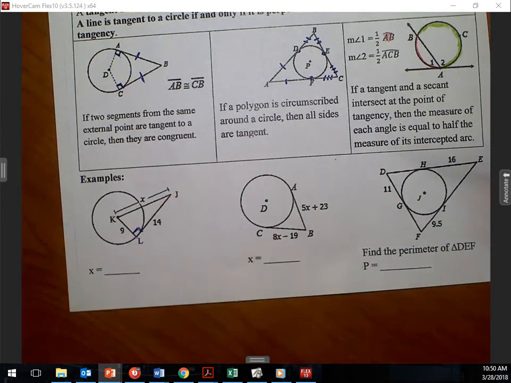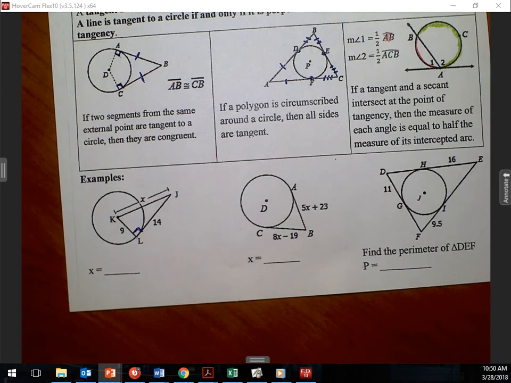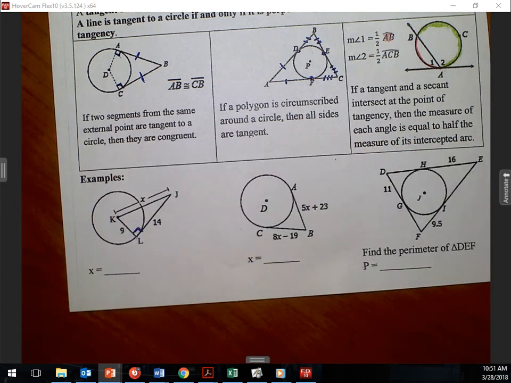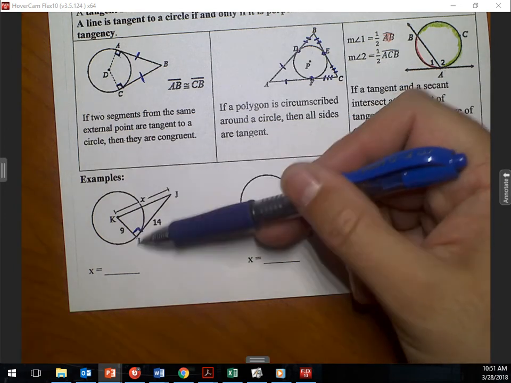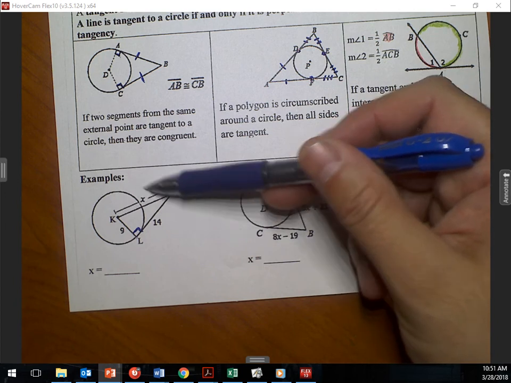If that is a 90-degree angle right there, what does that turn that whole thing into? Right triangle. Very good. Now, if I'm trying to find a side of a right triangle, what do I use? Pythagorean theorem. Very good.